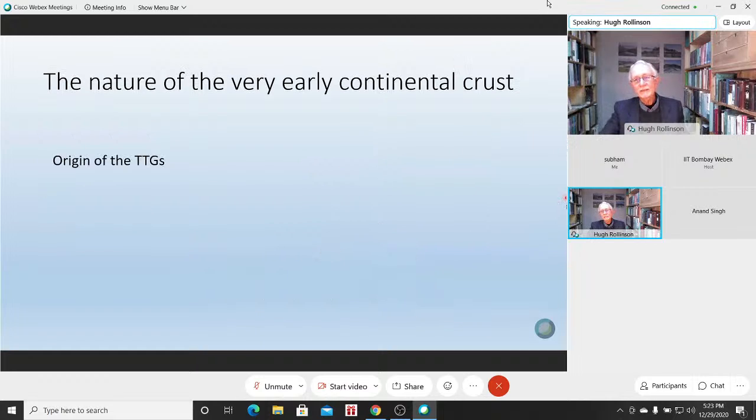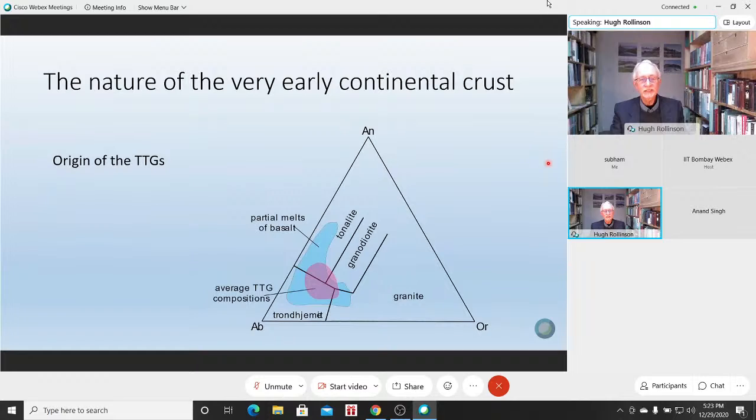So if we think about how TTGs might have been formed and where they have come from, we can plot the data again on this diagram, and you will notice a great area of overlap between the average composition of TTGs and the field of partial melts of basaltic rocks.